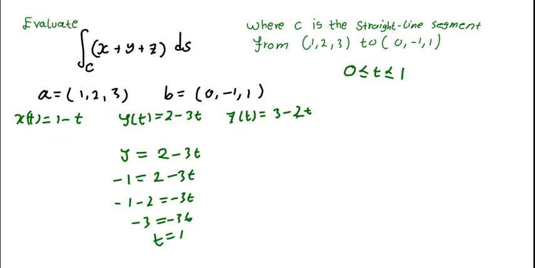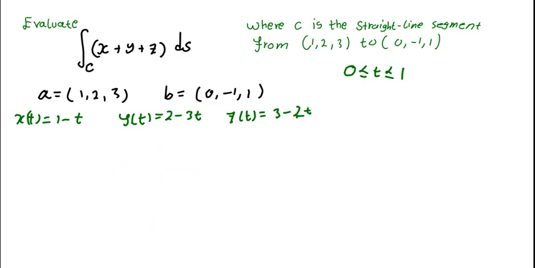You can actually try it out with x as well as z, and I believe you're going to get that same upper limit. Okay, so having found the interval that we are going to use, let's go ahead and do the differentiating here. So x prime of t will simply be equal to negative 1. Then y prime of t will be equal to minus 3. Then z prime of t will be equal to minus 2.